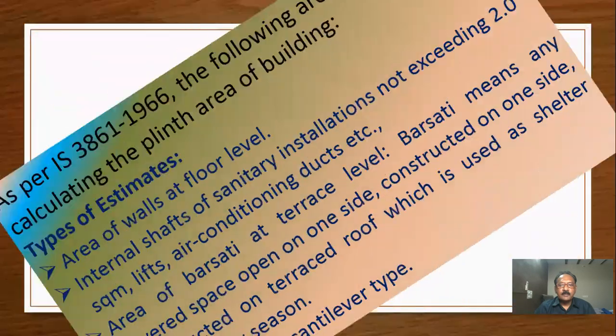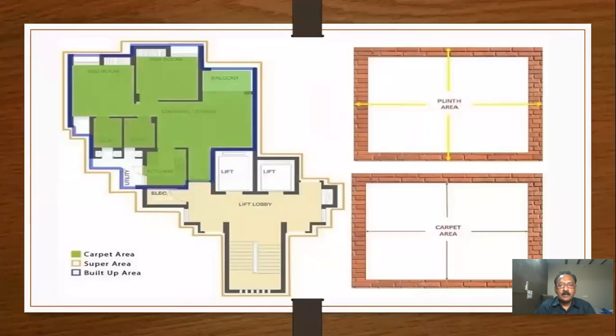Next one. Just observe these two figures. Here is one type of flat or building having bedrooms, drawing room, puja room, kitchen, lift, lobby, electrical, staircase.